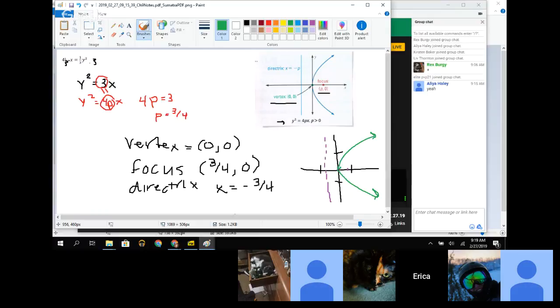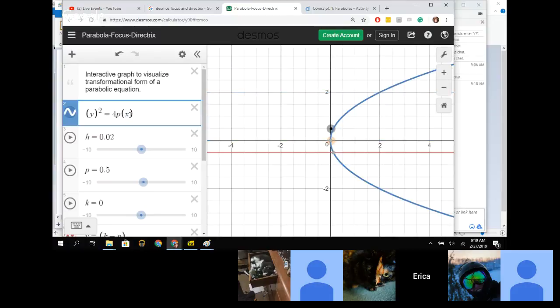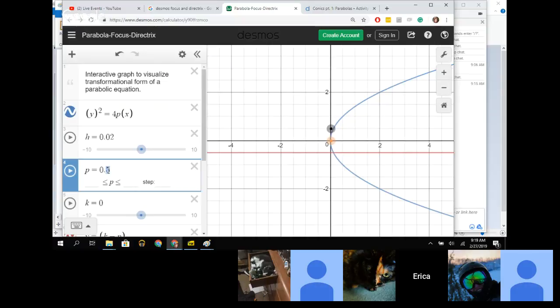Right. And then if I go to Desmos to verify, this equation is off. So we're going to do this. See if Desmos is okay with me switching it. There we go. Oh, and my p-value was, what was it?